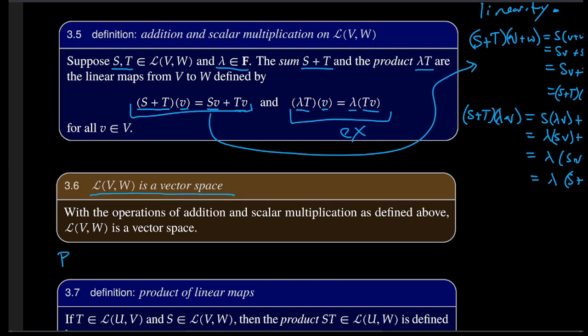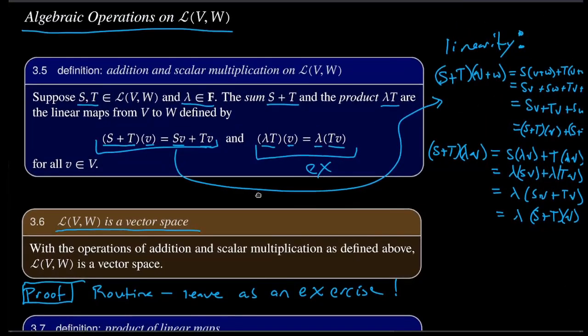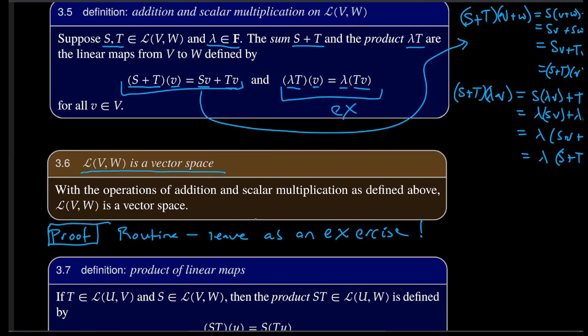The proof is routine, and I will leave it as an exercise. You do it yourself. It's not too bad. I hope it is relatively obvious. We have essentially done this in the homeworks. So if you don't believe it, please just look back at homework 1 and think about what went on there.